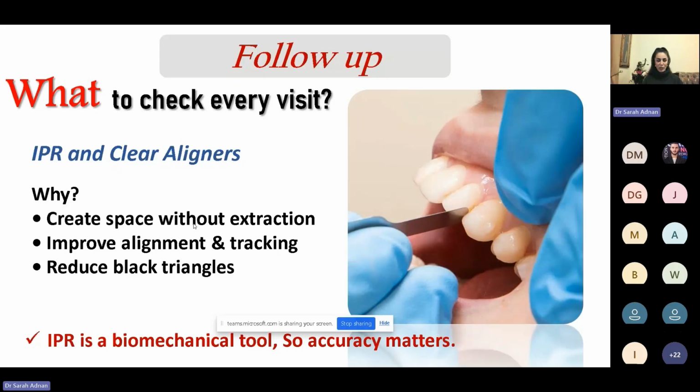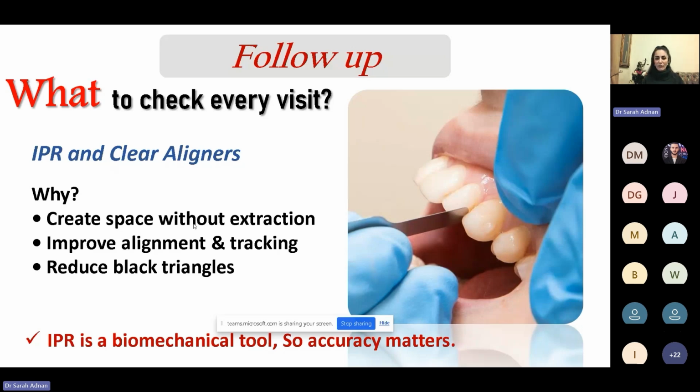The IPR, as we all know, is essential with the clear aligner or any type of tooth movement to create space, because, as we know, the majority of cases in clear aligner are treated without extraction to improve alignment and tracking and to reduce black triangles. I receive a lot of questions: my case is spacing, why do I have to do IPR?